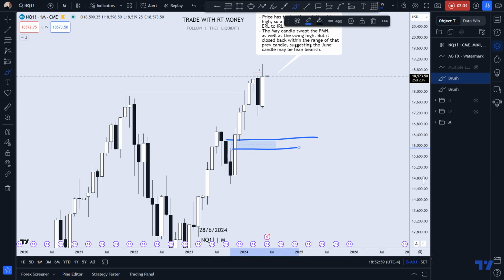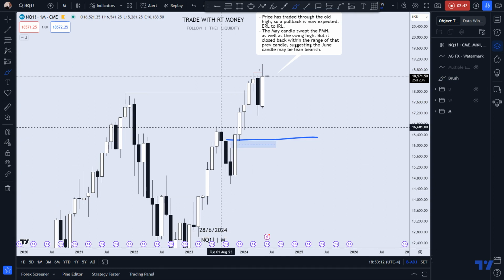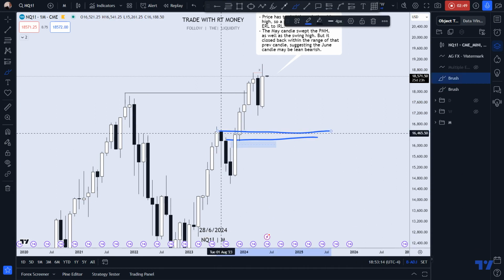This is where price could potentially pull back into because we don't see another fair value gap in this rise. So it's either going to be a fair value gap or an order block. This is an order block here.